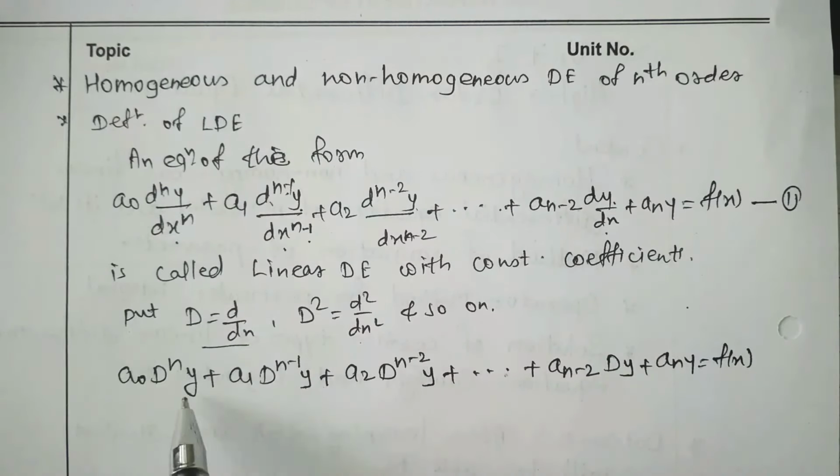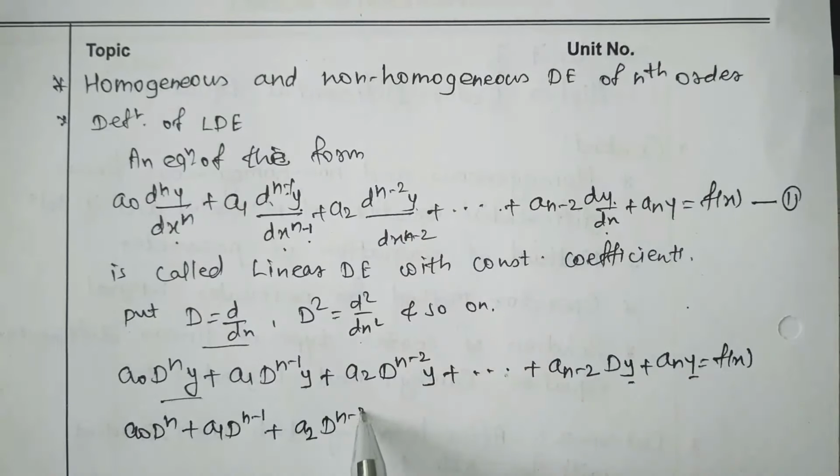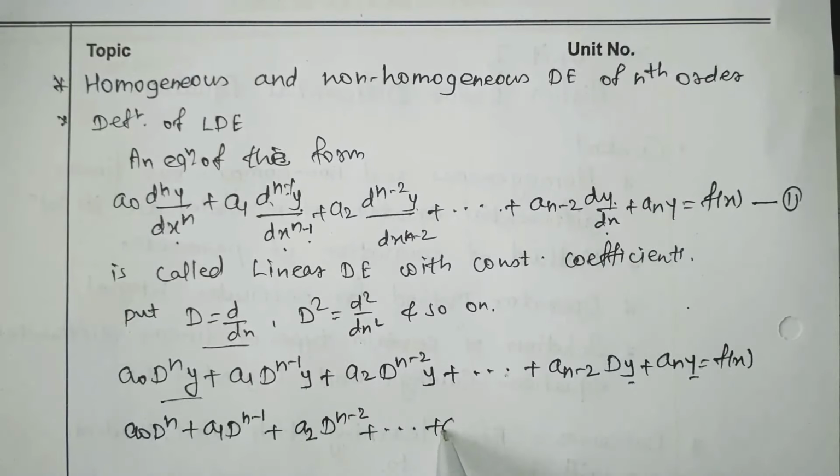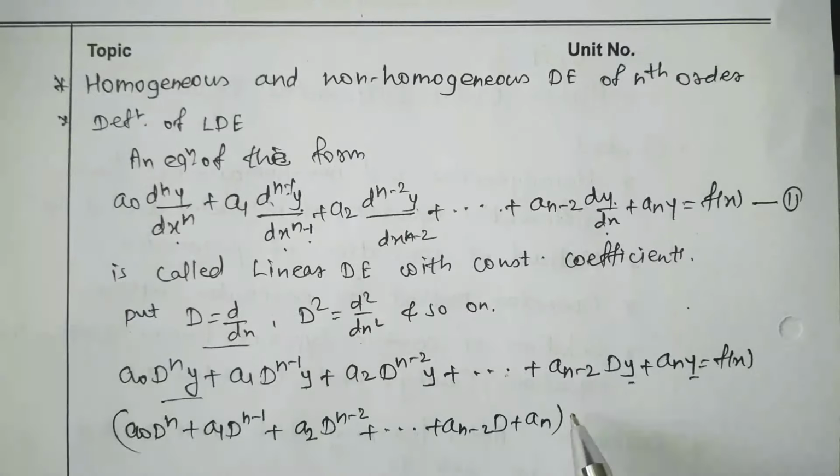Now all terms contain y, so we can take y outside, so we will get a0 D^n plus a1 D^(n-1) plus a2 D^(n-2) plus dot dot dot a(n-1) D plus an, into y, is equal to f of x.